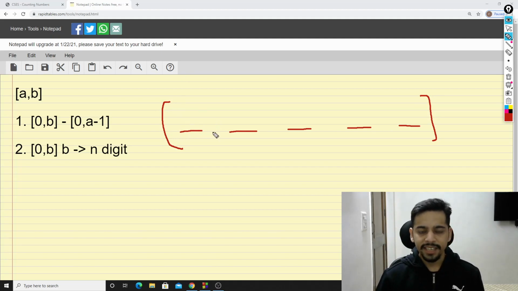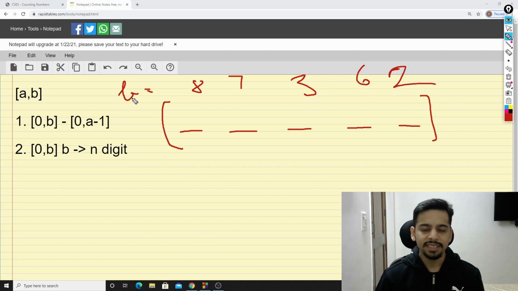Okay, so this is an n digit number. Let me take an example of b as 8, 7, 3, 6 and maybe 5 or 2. Okay, let's say b equal to this. I need to generate n digit numbers which are less than or equal to small b and obey the valid property. I need to count how many such numbers there are.